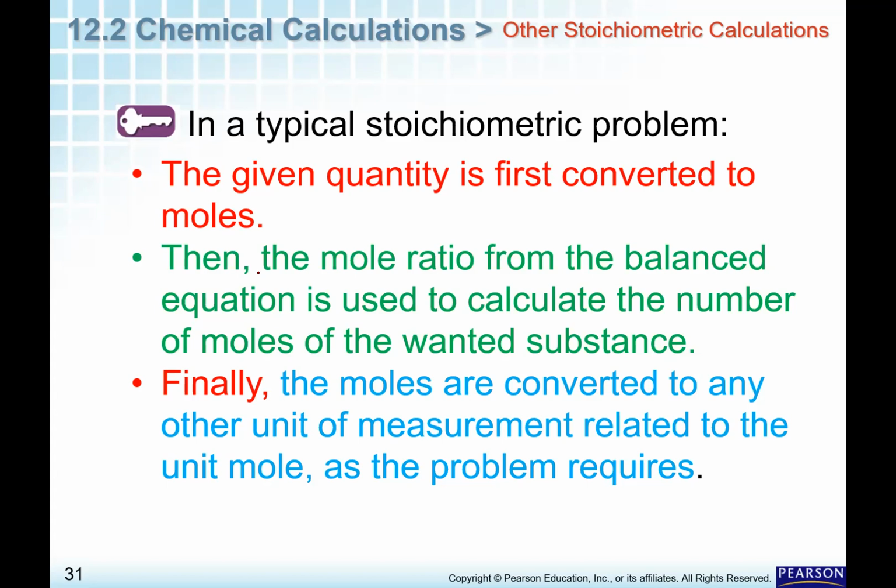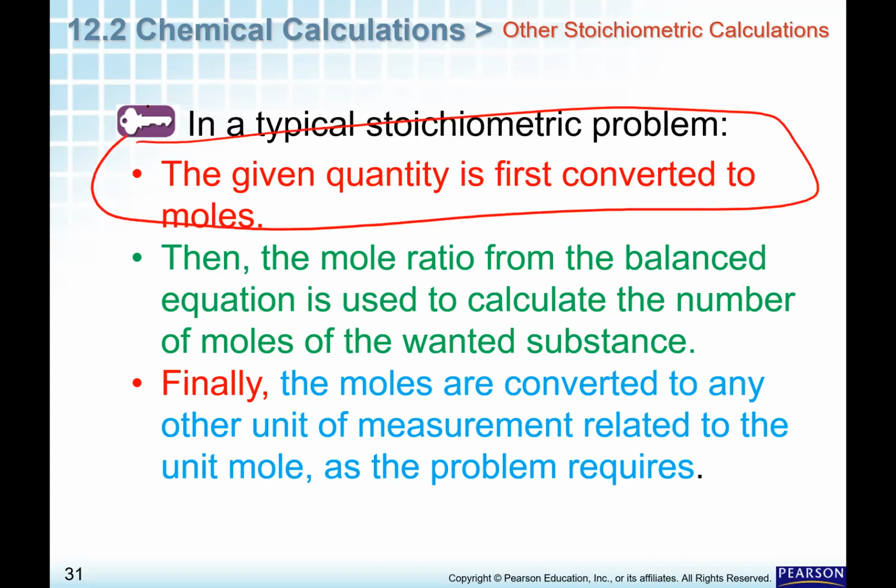How do you do that? Using one of the conversion factors that we used before: either the molar mass if we have a mass, or the molar volume if we have a gas under STP, or Avogadro's number if we have the number of particles. So this is the first step. I want to make sure that everybody understands this before we move on to the second step.